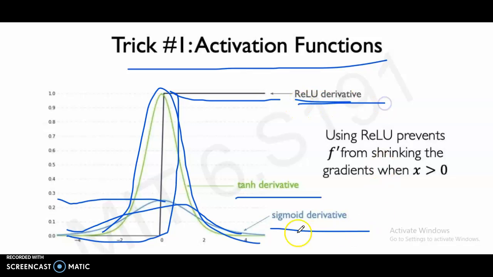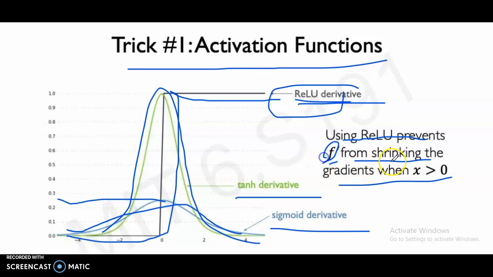ReLU derivative. Using ReLU prevents f prime from shrinking the gradients when x is greater than 0. That's why we prefer ReLU. If we use ReLU, it prevents f prime from shrinking gradients when x is greater than 0, then shrinking will not happen.